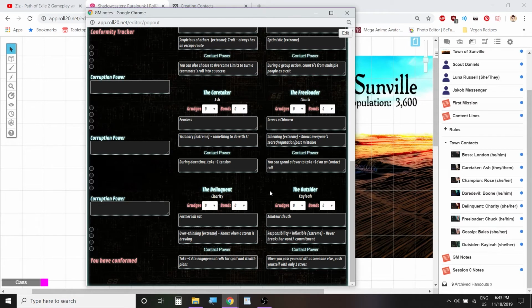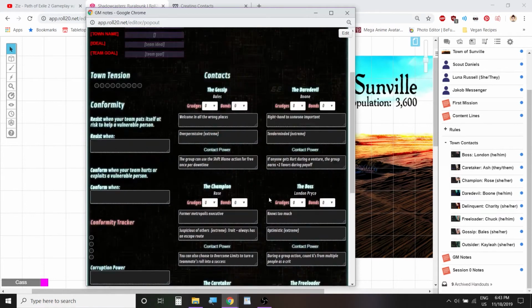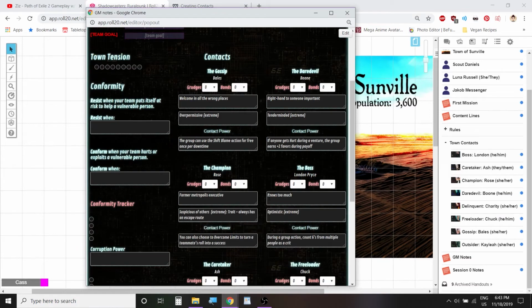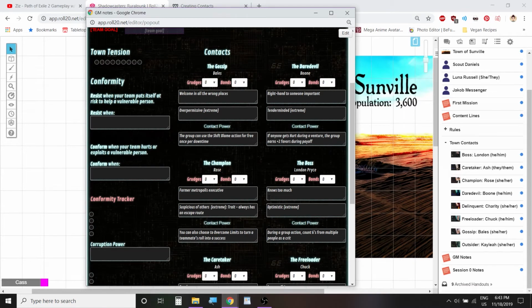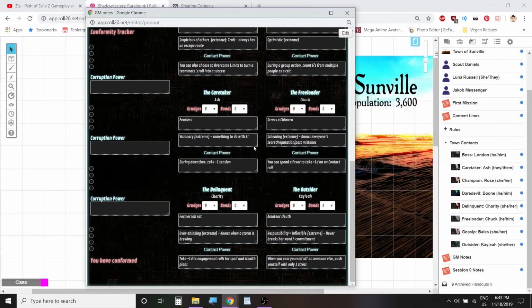Then the outsider Kalia is an amateur sleuth, which I think would just be fun. And her responsibility, her extreme is that she's very inflexible when it comes to responsibility. So some working trait around never breaks her word or commitment. All right. So we've got all of these sort of set out.